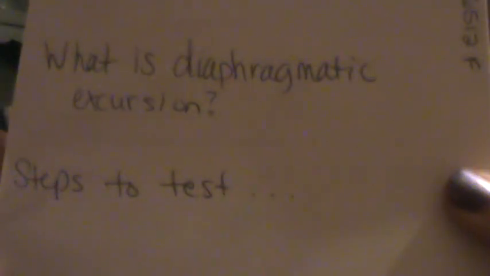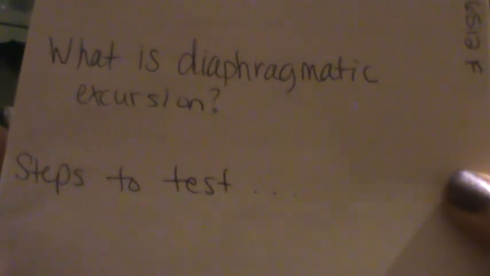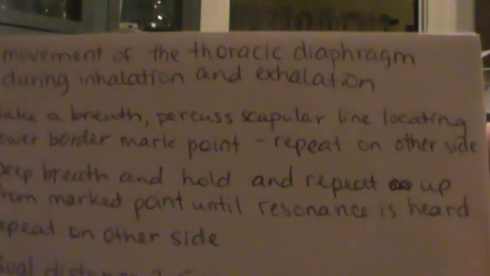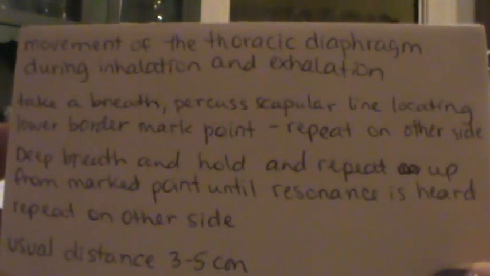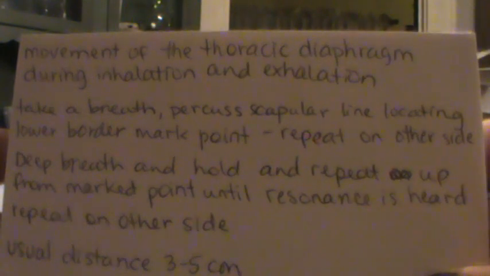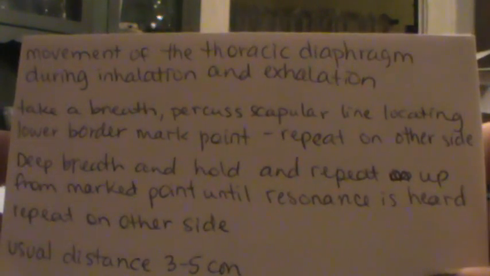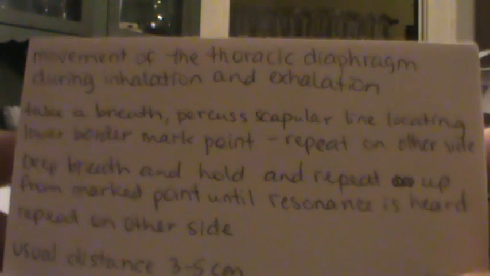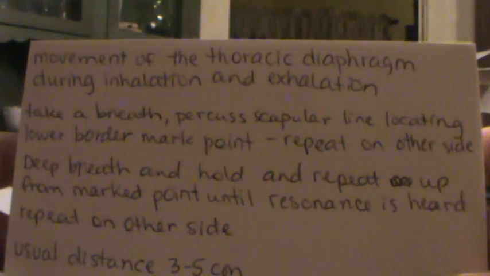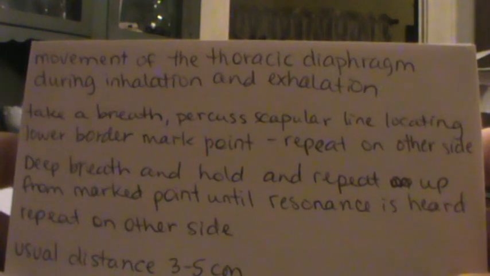What is diaphragmatic excursion, and what are the steps to test this? Diaphragmatic excursion is movement of the thoracic diaphragm during inhalation and exhalation. How you do it is you have the patient take a breath. You percuss the scapular line locating the border of the lung and mark that point.